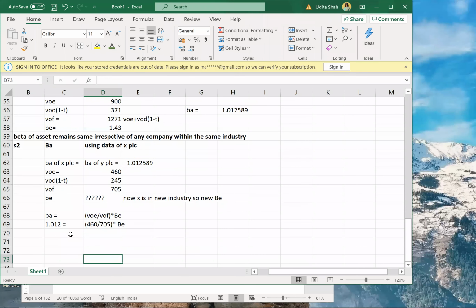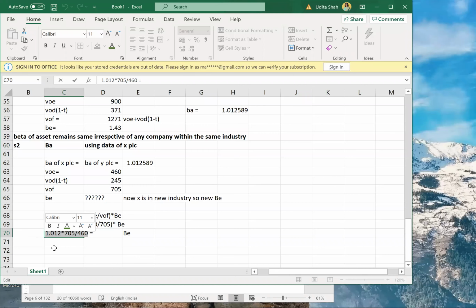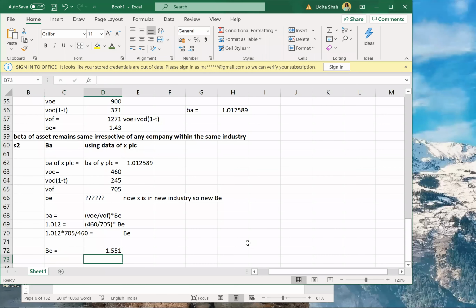So this 460 by 705 will go over here, so this will become what? 1.012 into 705 by 460 should be equal to beta of equity. Okay, so beta of equity equal to 1.551. Beta of equity equal to 1.551.